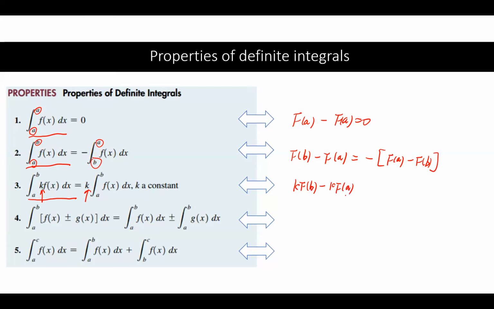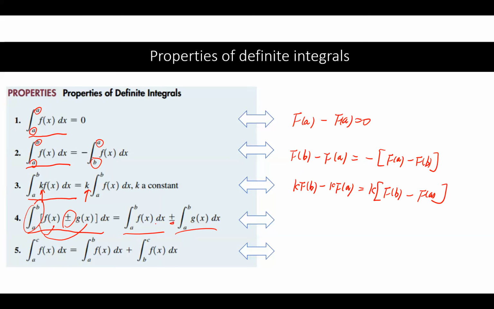If we do the evaluation, we can move k out as a factor, and this is what we have. Similarly, if it's a plus or minus, then we can distribute the integral operation to each term, so I have the first term and the second term, and again plus or minus.